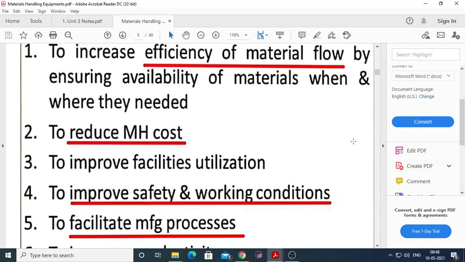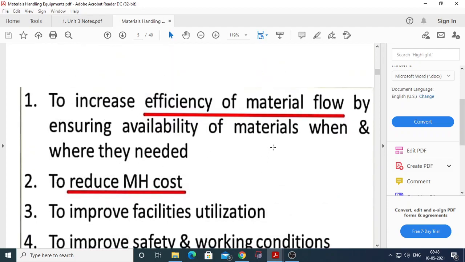This is the precision in pickup of the load. Third is transporting the load in scheduled time. You have to move the load to its destination in scheduled time. Then you will get the efficiency, otherwise you don't get the efficiency.